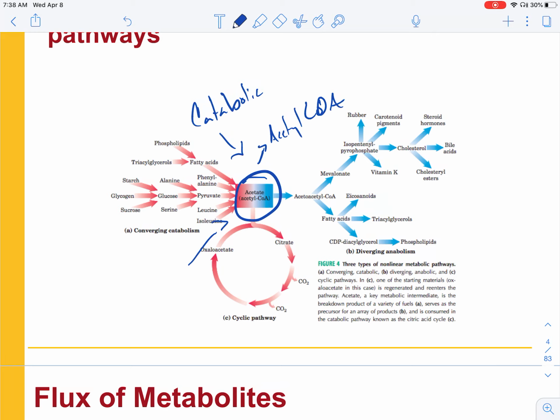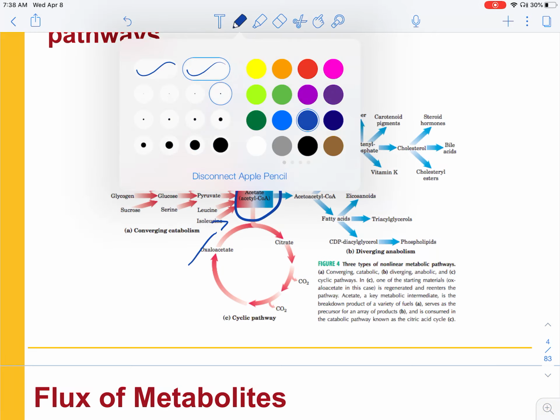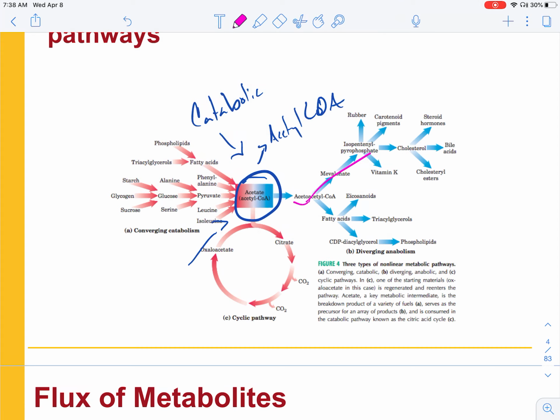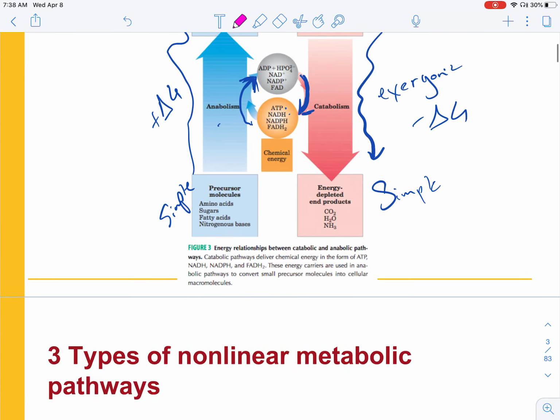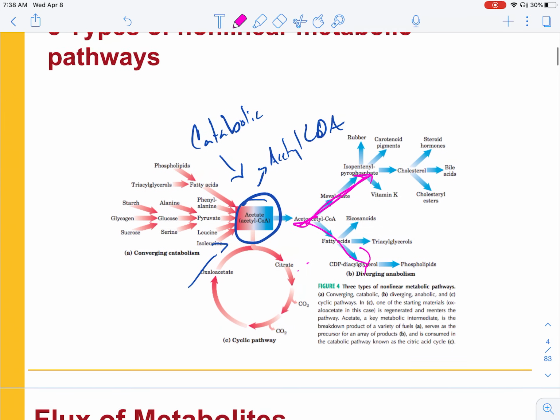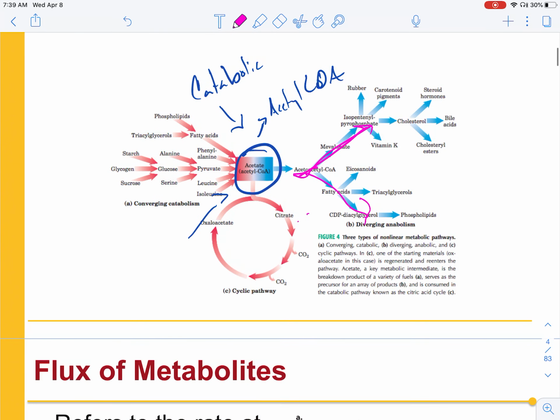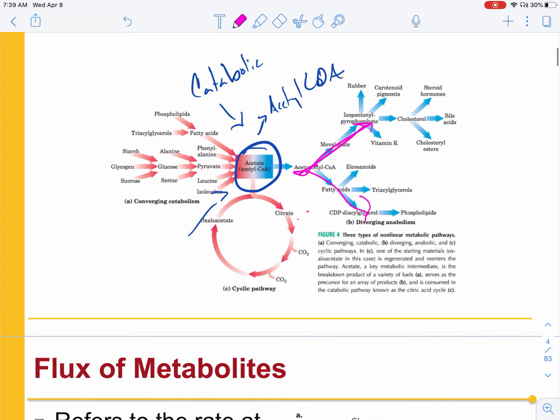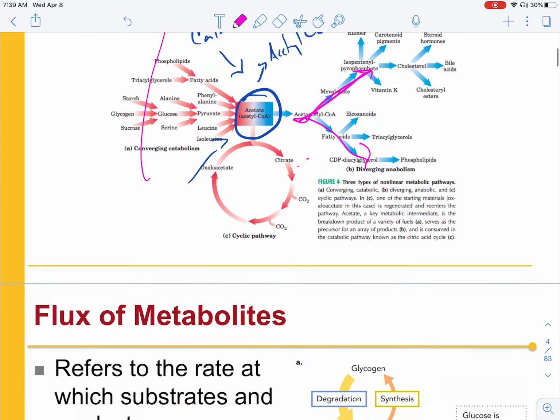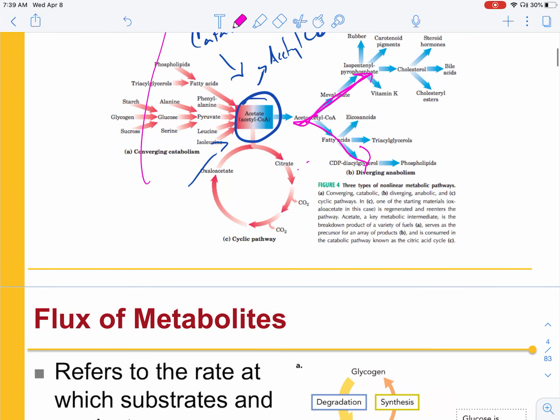Whereas anabolic processes are divergent, and they diverge from these acetyl-CoA units. So from the acetyl-CoA units, and really from the citric acid cycle, you can get all of these biological macromolecules. And we break down all these different biological macromolecules to form these acetyl-CoAs.